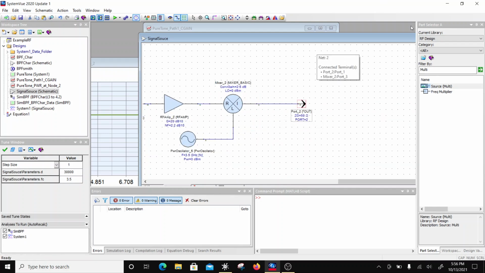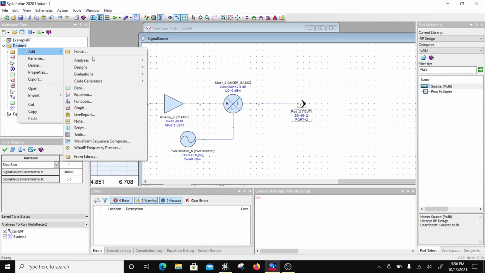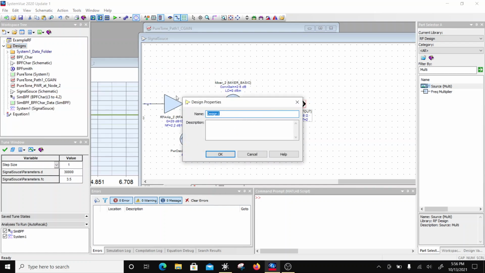Okay, so now this is beyond the mixer. Now here, if you want, you can get rid of all other components by putting an LPF. So I am going to add here a design, and I will call this LPF.